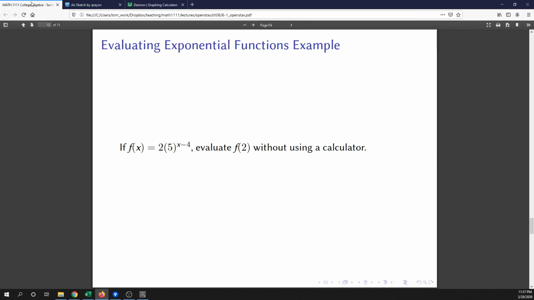All right, next example. In this example, they give us an exponential function, 2 times 5 to the x minus 4 power, and they want us to evaluate this at 2.